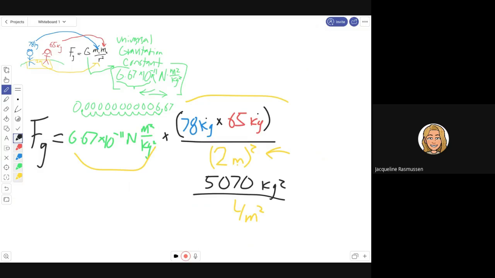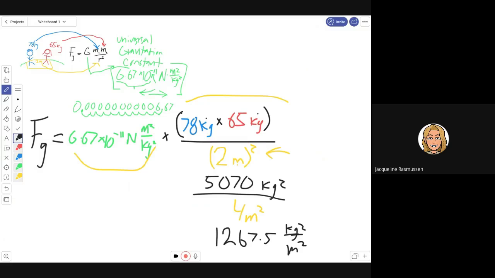And we can further reduce that down if we want to, by doing 5,070 divided by 4, we get 1267.5, and our units are going to be kilograms squared over meters squared.